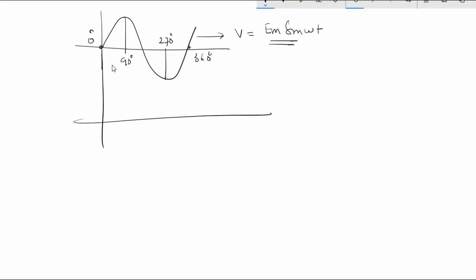In the same way, my current will be varying somewhere like this. So this is my current, I is equal to Im sine omega t. So this is for the resistive load.